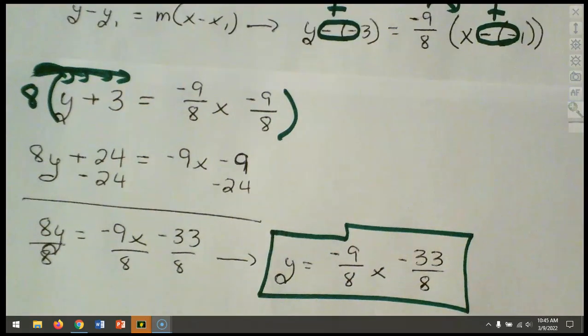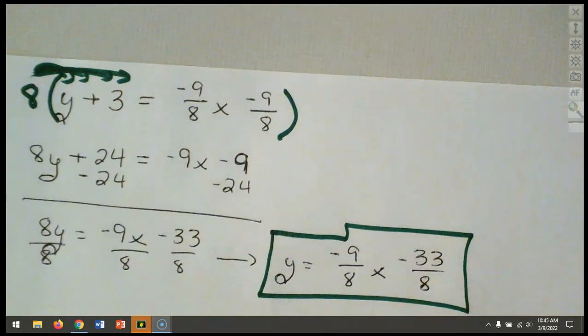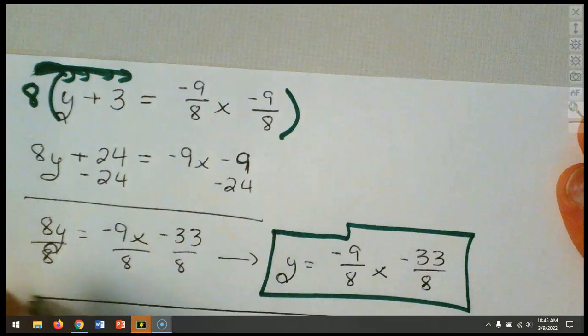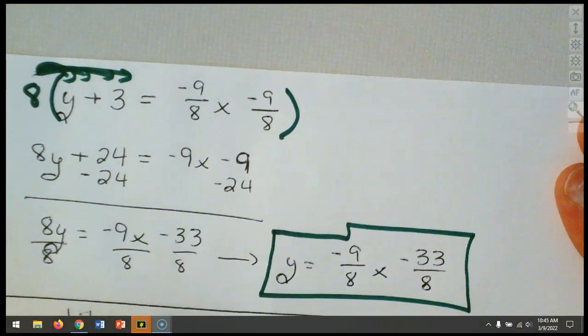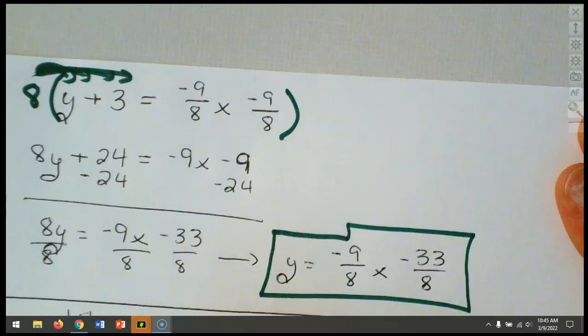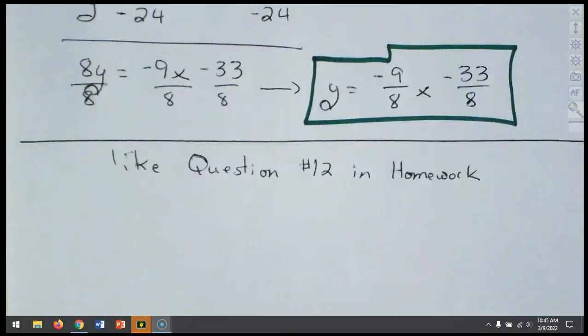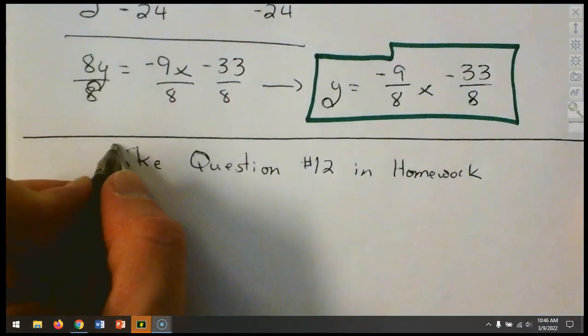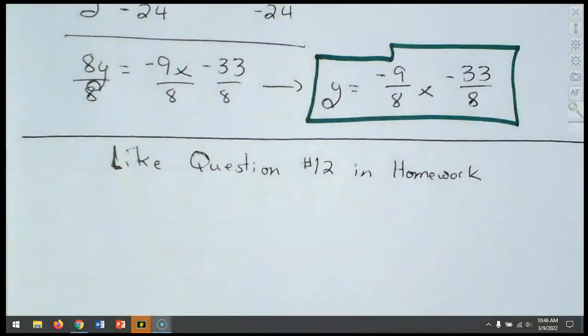The next one that we're going to look at is going to be a little bit of a challenge because it has a lot of fractions. And this is going to be very, very similar to question 12 in your homework, just different numbers in these fractions.